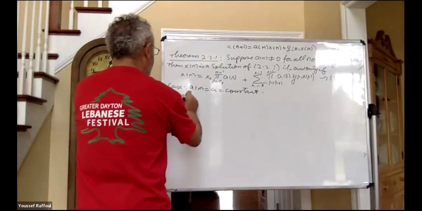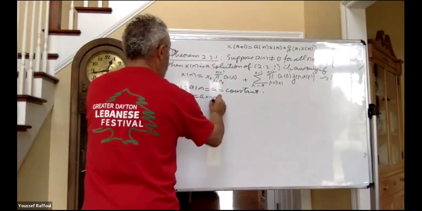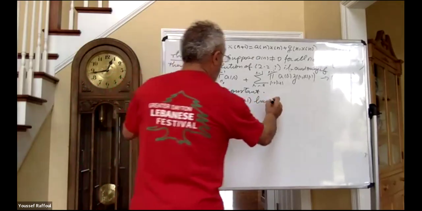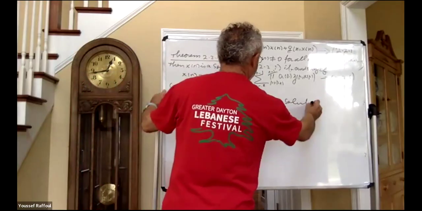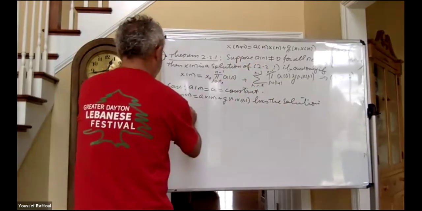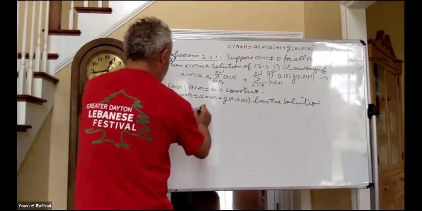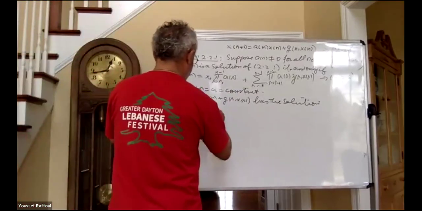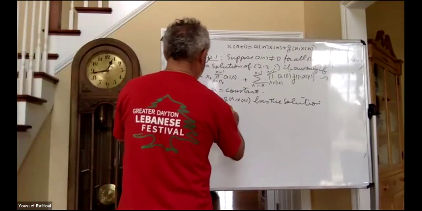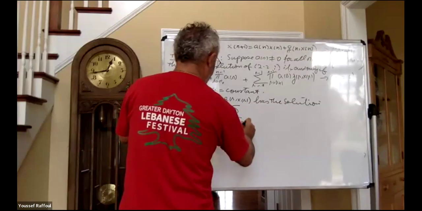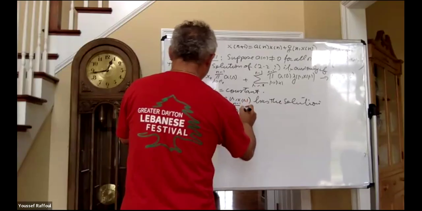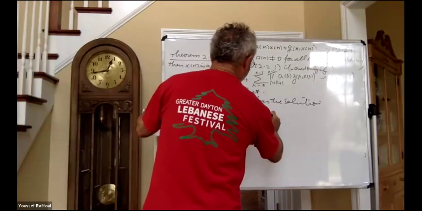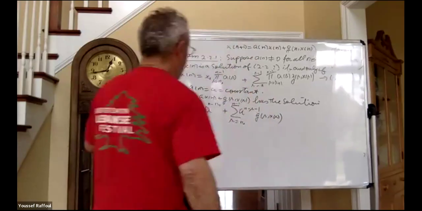Suppose that xn plus 1 equal axn plus g of r xr has the solution xn equal to x naught, and that is gonna be a to power n minus n naught plus r equal n0 to n minus 1 a n minus r minus 1 g of r x of r.